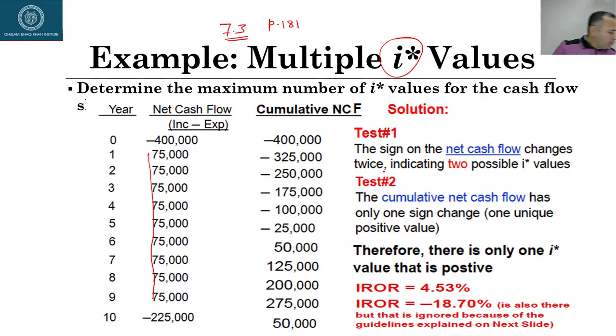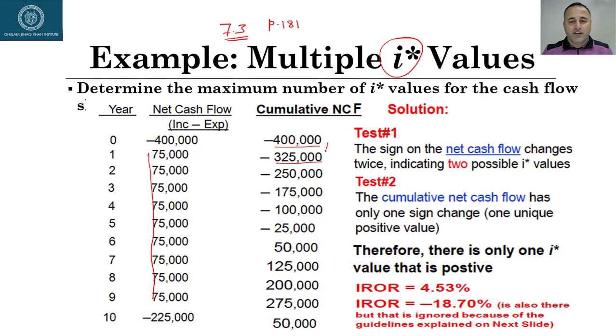As you can see, the project started with an initial investment of minus 400,000. So the cumulative net cash flow is minus $400,000. After an inflow of $75,000, the net cash flow is minus 325.